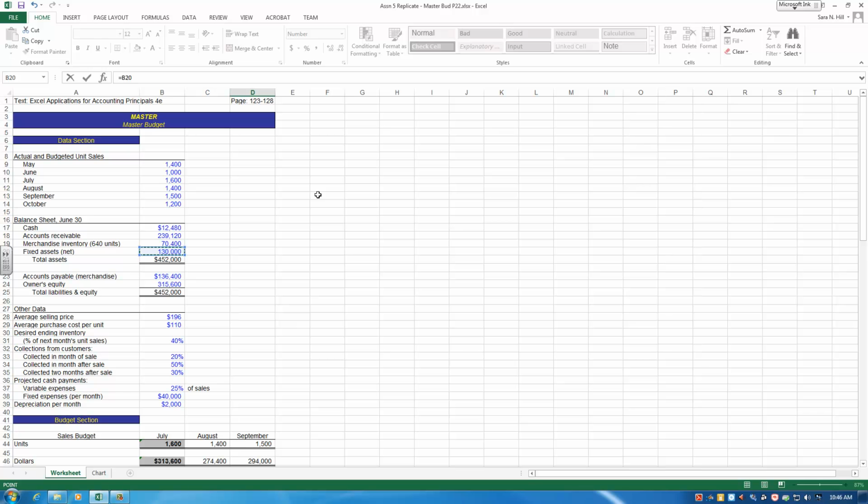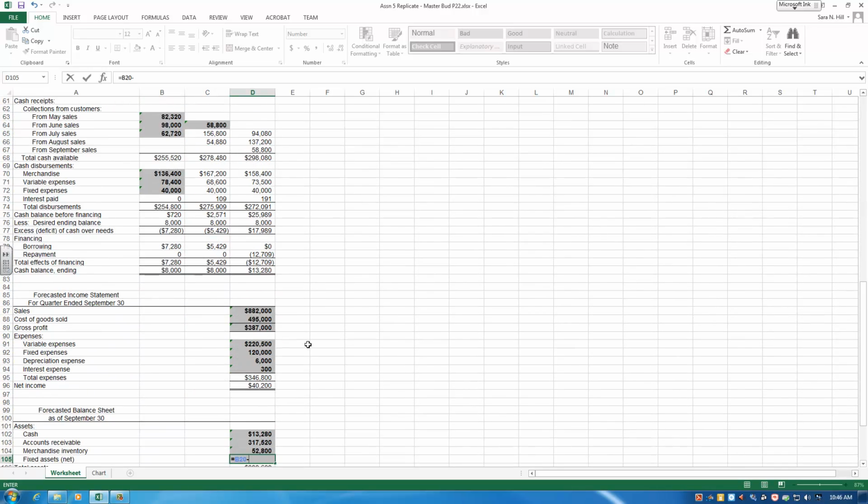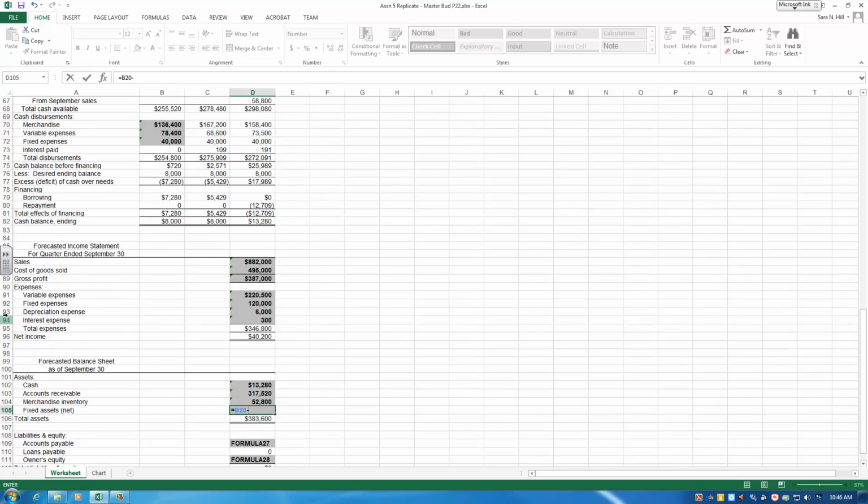And we're going to go ahead and subtract our depreciation, which we were calculating on our income statement. So this is for the entire quarter or 3 months. So we will subtract that out. To leave us with total assets of $507,600.